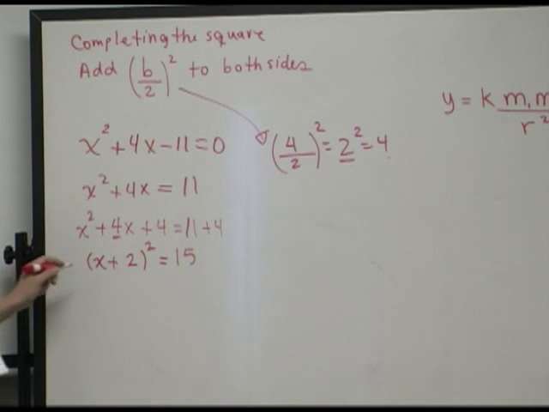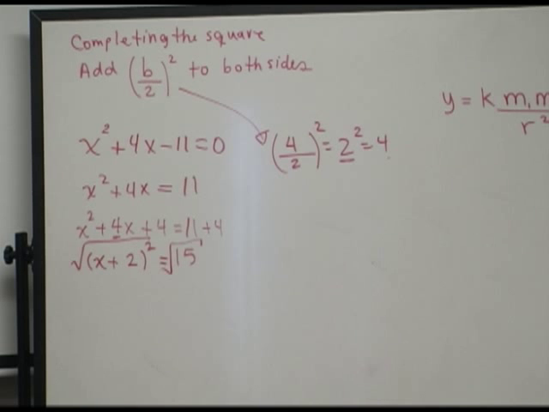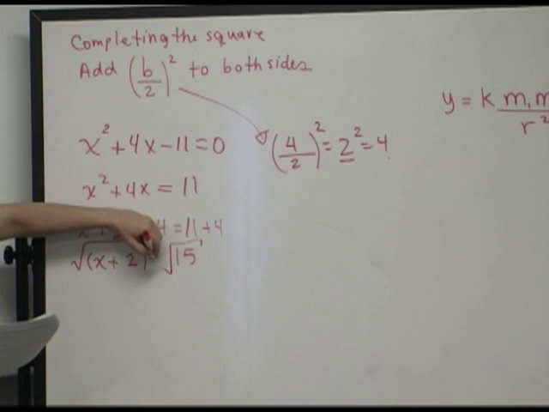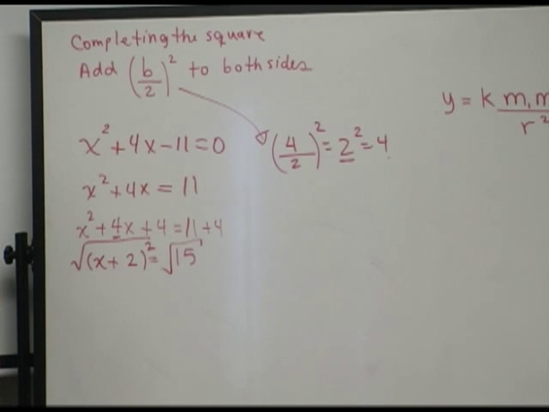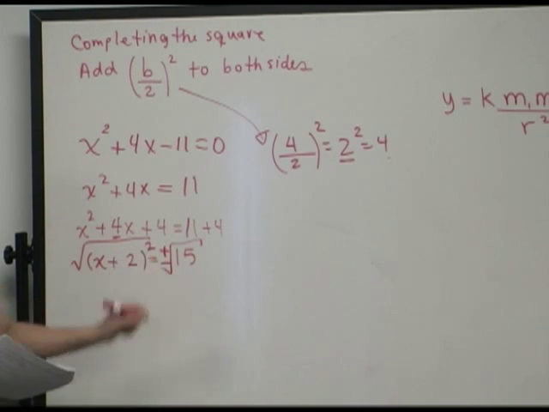Now, how do you solve this? We use what? The principle of square roots, right? Take the square roots on both sides. What do you have to remember when you use the principle of square roots? Every time you use it, very important, plus or minus.